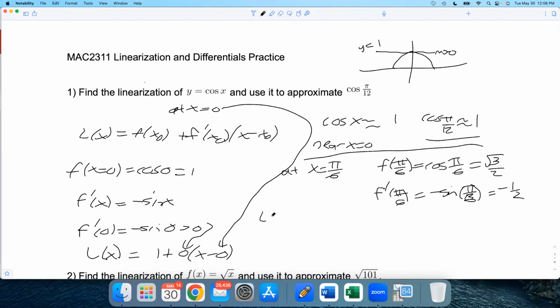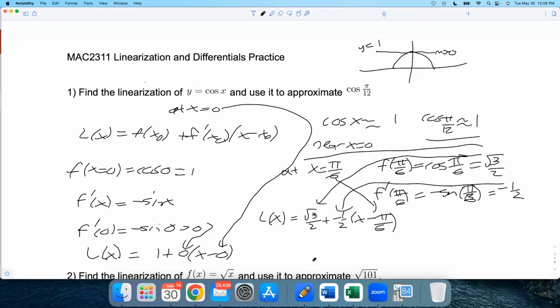So the linearization near pi over 6 will be the original function at pi over 6 plus the derivative at pi over 6 times x minus my original x. So that's original x. That's the derivative. And that's the function at the original x.